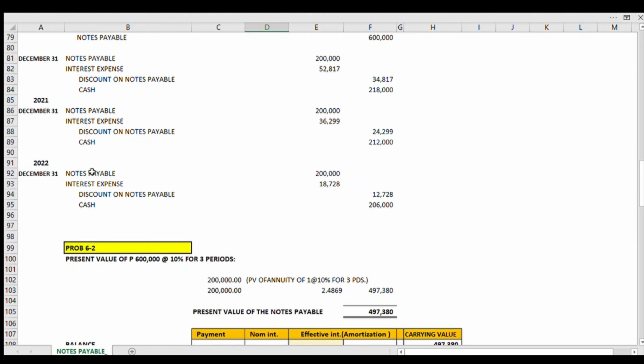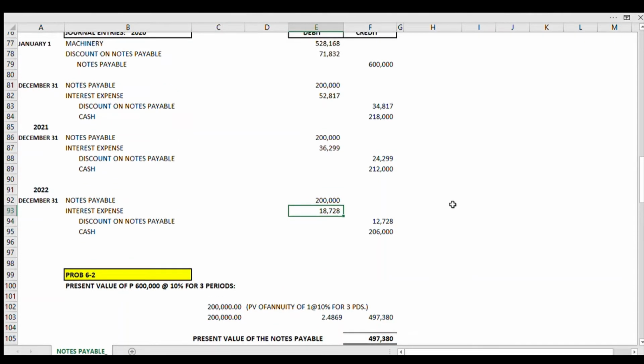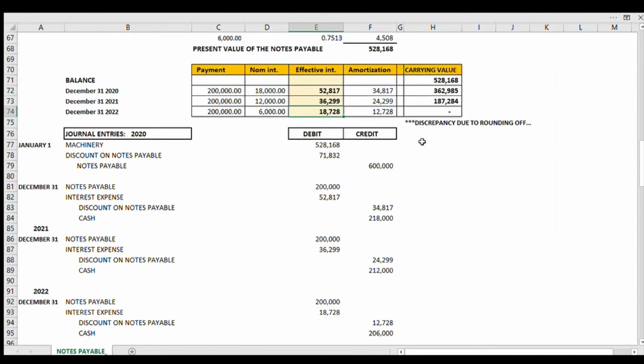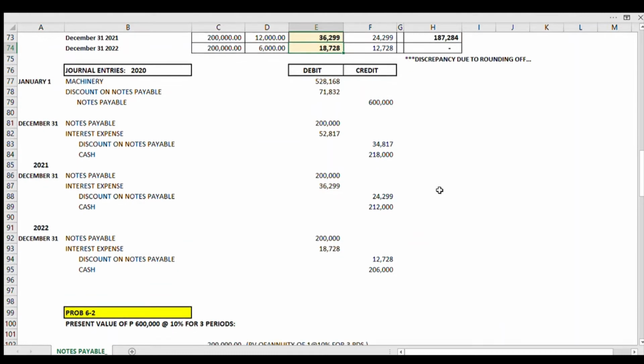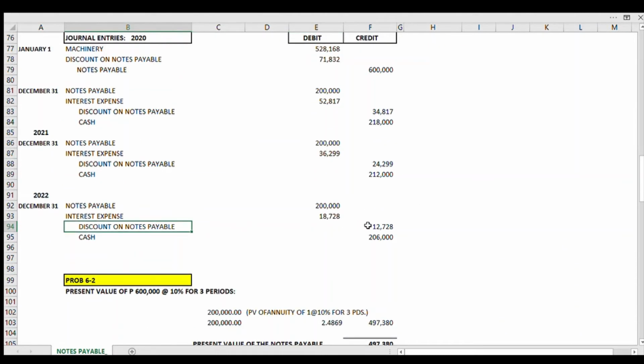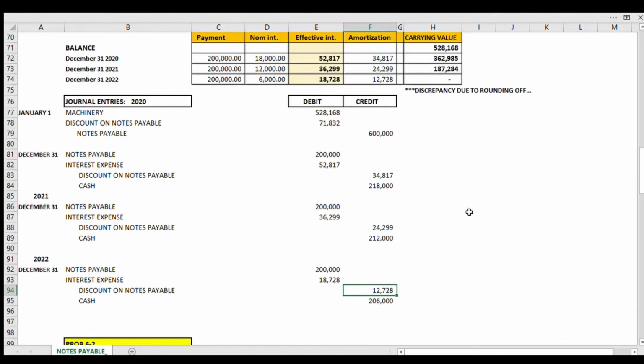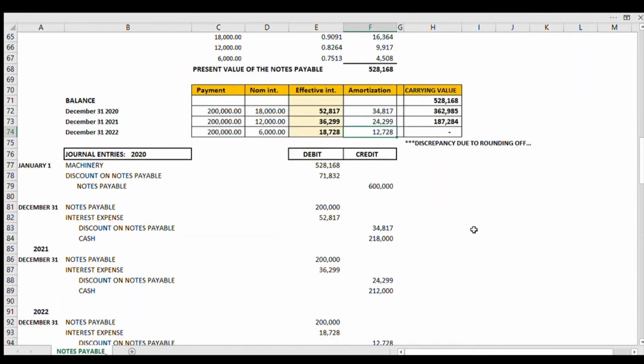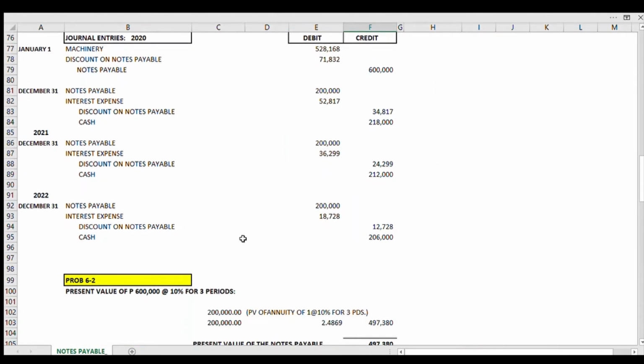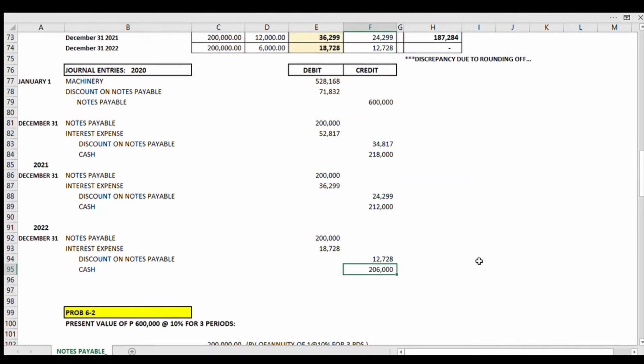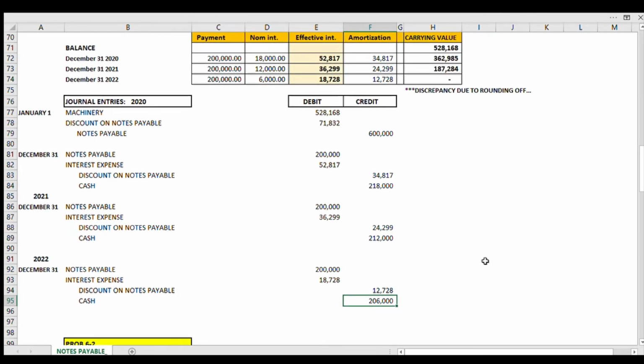On the third and last year, debit to notes payable 200,000, interest expense of 18,728, as you can see on the third and last period. The discount amortization, 12,728, and the cash payment of 206,000. So that is for problem 1.